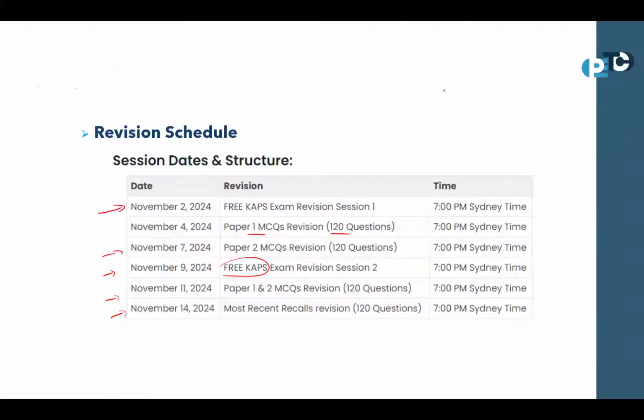In this revision, we will discuss questions and answers: the full statement of the questions plus the full 4 choices, and we'll see the right choice and the rationale for why we choose it.